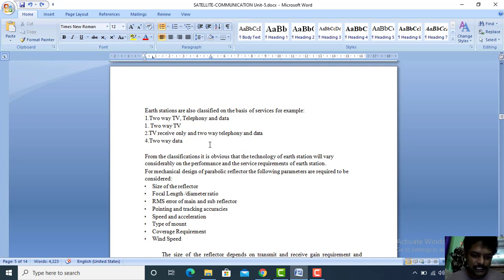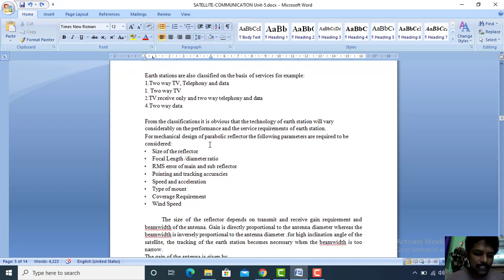Also, the earth station varies the performance of the device and the service requirements of the earth station, where the following parameters are looked at for the parabolic reflector. The parameters we look at are: the size of the reflector, the focal length to diameter ratio, and the root mean square error of your sub reflector with your main reflector.